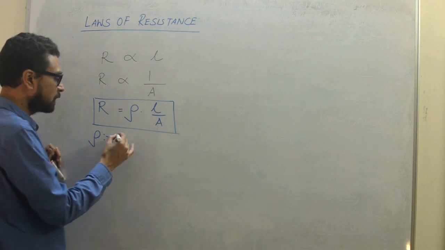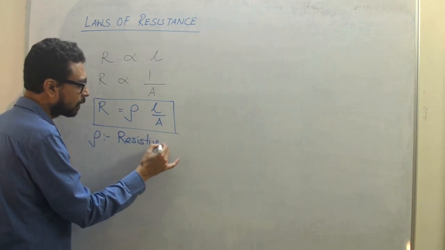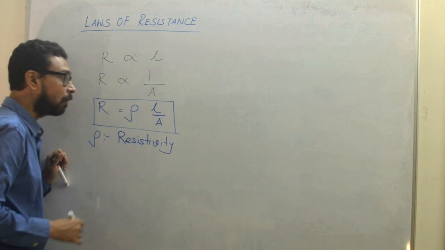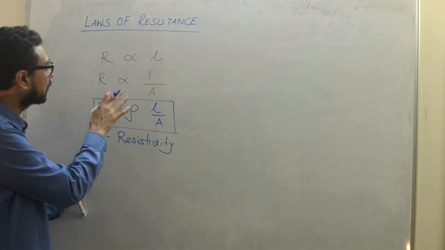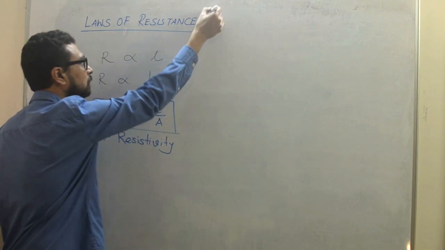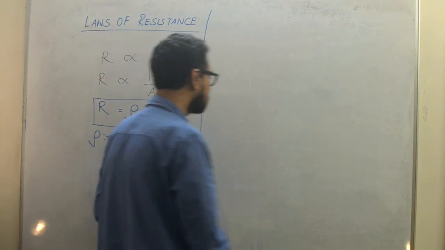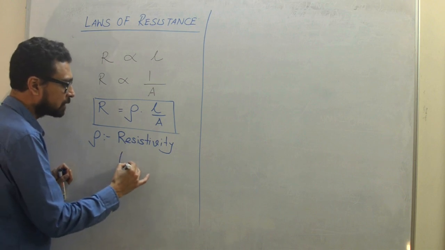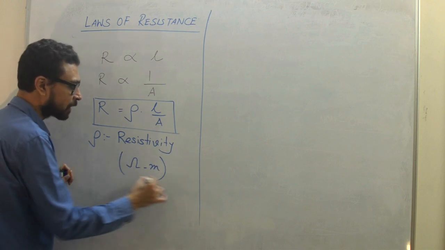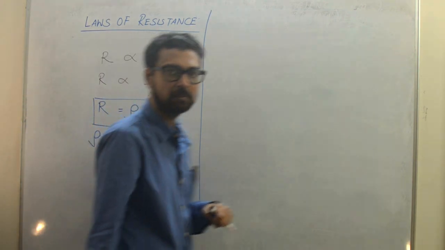The resistivity of a conductor is practically dependent on a lot of factors, but rho is the constant of this kind of expression, and here rho is defined as the resistivity. The unit you can directly calculate from here. It's basically ohm meter, because L is meter and A is meter square, so ultimately it will be ohm meter.